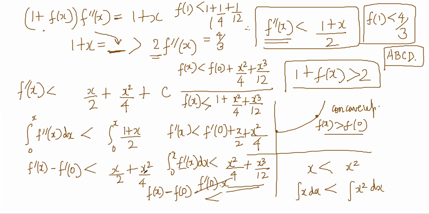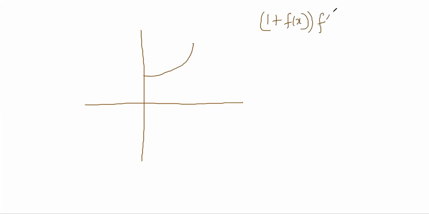So basically the whole question was about figuring out that the function goes up like this because 1 plus f of x into f double dash x was equal to something. What was given? Was equal to 1 plus x, and 1 plus x was positive.